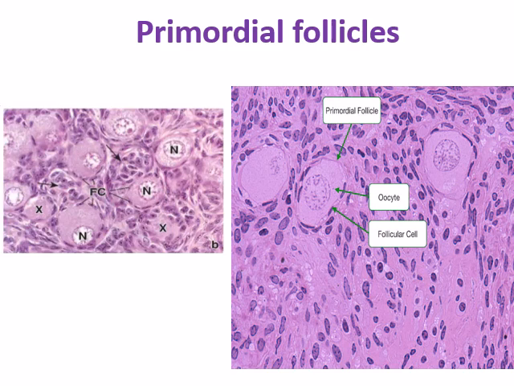First, the primordial follicle, located under the tunica albuginea, is formed of a primary oocyte surrounded with one layer of follicular cells, which are squamous flat cells with flat nuclei. So the primordial follicle contains a primary oocyte surrounded with a single layer of follicular cells, flat cells with flat nuclei.